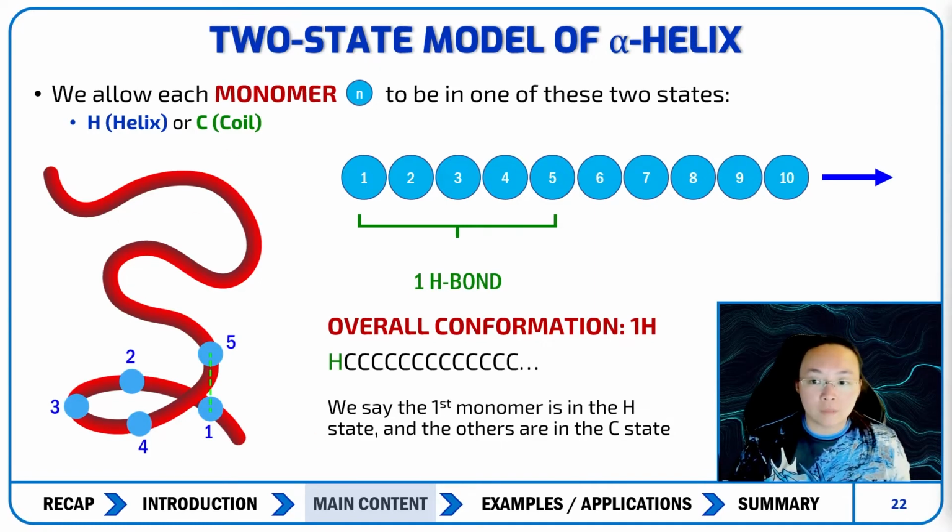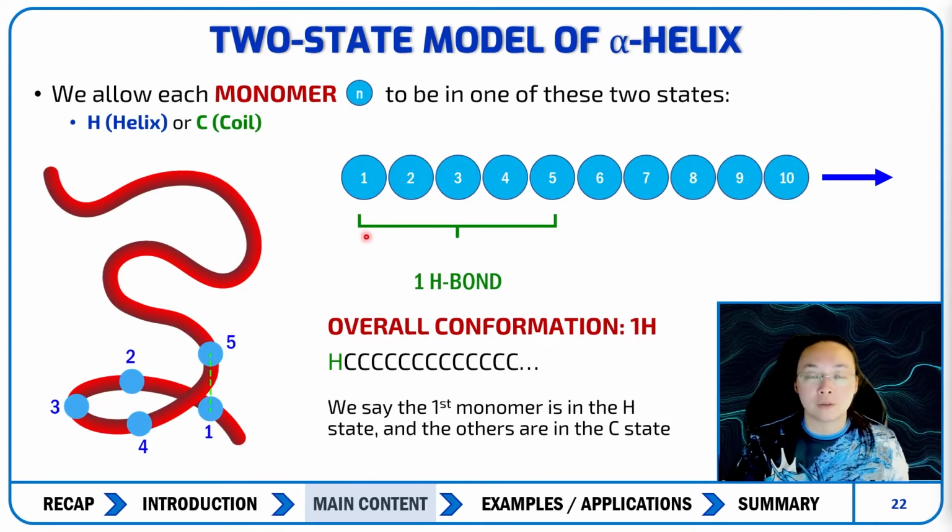You'll see in the diagram here that there's a polypeptide chain, and we represent each amino acid or monomer as a blue circle labeled in the order of the chain. So starting at 1, this is the bottom, we have 1, 2, 3, 4, 5, and presumably 6, 7, 8, 9, 10 going along this way. There's also a green hydrogen bond.